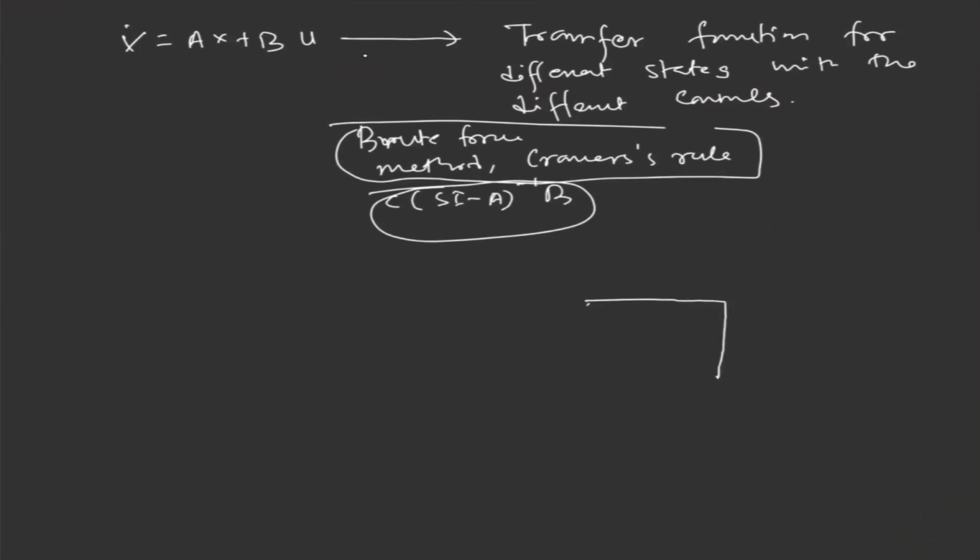And once we have the transfer function, we can apply the linear controls, which we have done many times in this course. Suppose this is the plant, written in terms of transfer function, G_P(s).